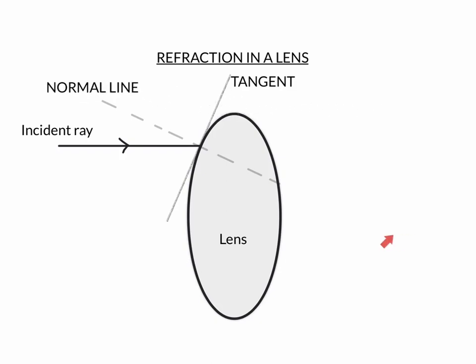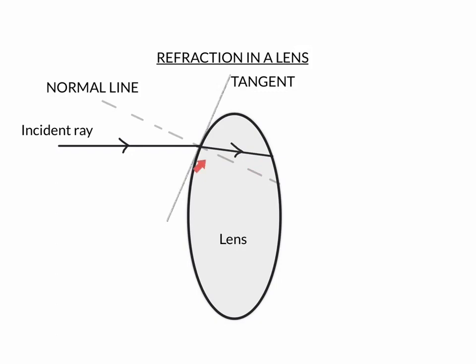So now we see we've got our incident ray coming into the lens. We've drawn a tangent at that point, which now allows us to draw the normal line. And all we do now is apply the same rules of refraction that we did to refraction of light in a square block. And the light gets refracted as it goes into the glass.